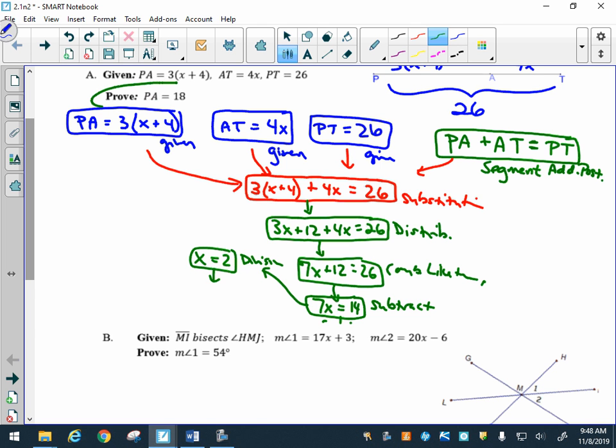We're trying to prove PA equals 18. Make sure you're always getting to what you're trying to prove. PA equals 3 times, we're going to plug in our x as 2, and that's substitution. And then we just simplify. PA is 18.